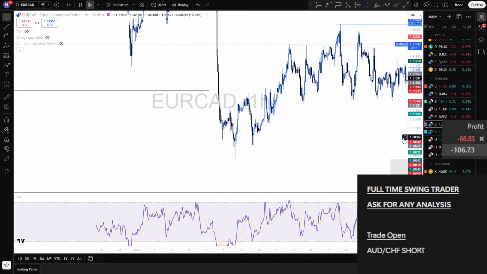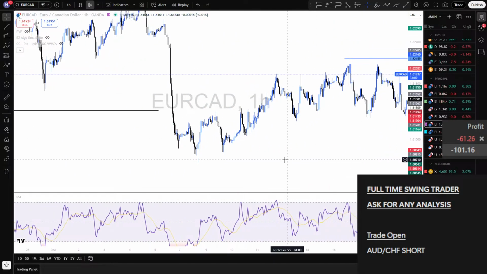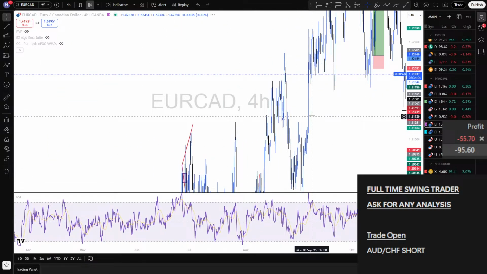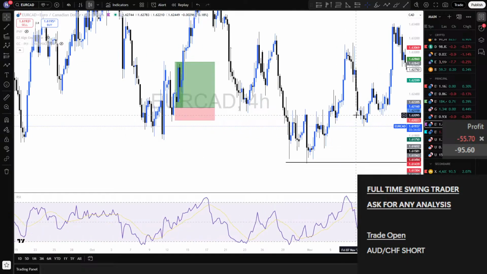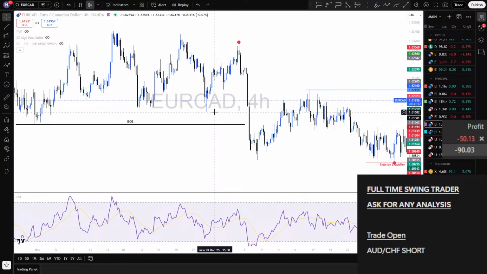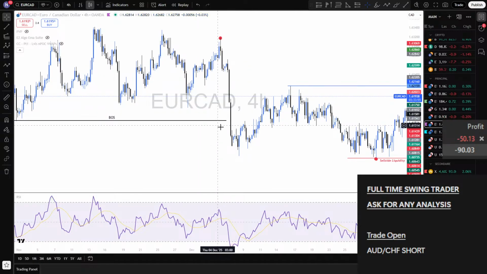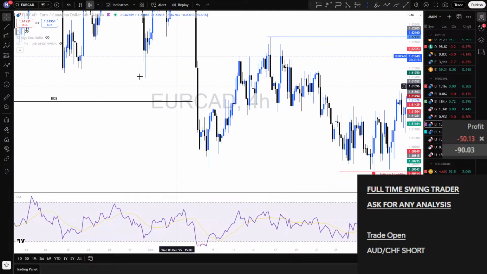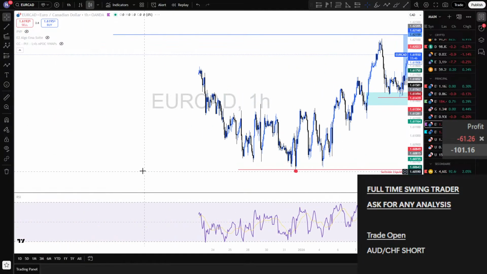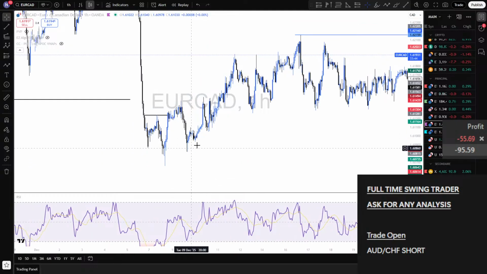I did this here on Eurocad, same, for example. It was in December. Where was I? Here. See? There was this boss here on Eurocad. Fractal here. Changes market structure in 1 hour also. And when I zoomed in, he gave me my entry. It was in 15 minutes actually.